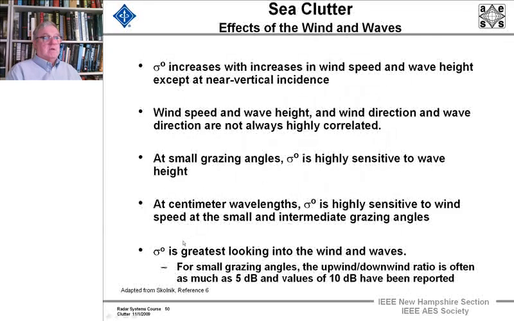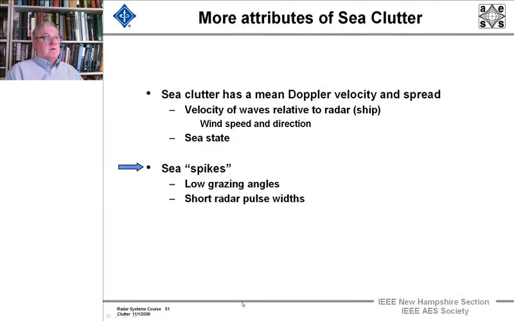Read that pretty readily. And now look at a few statements about the effect of wind and waves. Sigma 0 increases with the increases in wind speed and wave height, except near vertical incidence. At centimeter wavelengths, sigma 0 is highly sensitive to wind speed, and sigma 0 is greatest looking into the wind and waves. Okay.